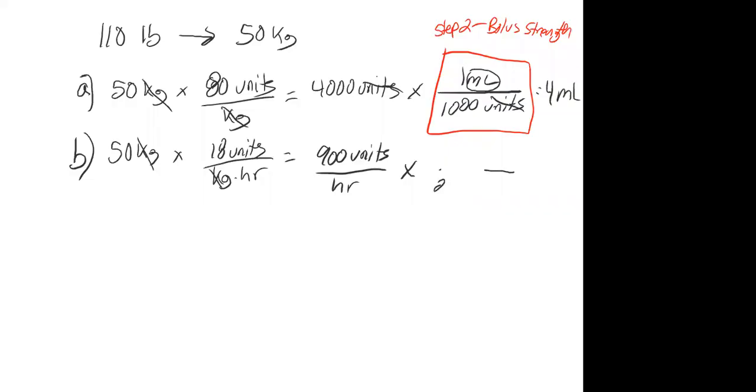I don't want the units, so I'm going to get rid of those 25,000 units. And then I'm going to incorporate the 250 milliliters. Again, this is coming from step 2 of the protocol. And I guess we could just call this the infusion strength.